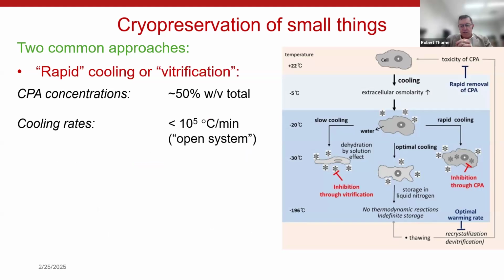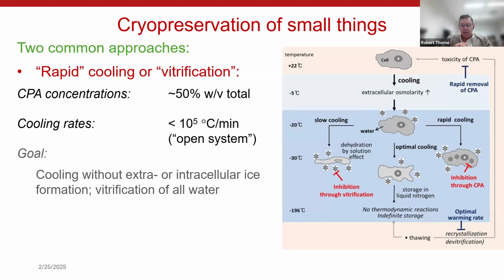So the approach that has revolutionized human-assisted reproduction is the vitrification or rapid cooling approach. There you use much larger cryoprotectant concentrations and large, but not ridiculously large, cooling rates, but they're still a few orders of magnitude larger than in the slow cooling approaches.